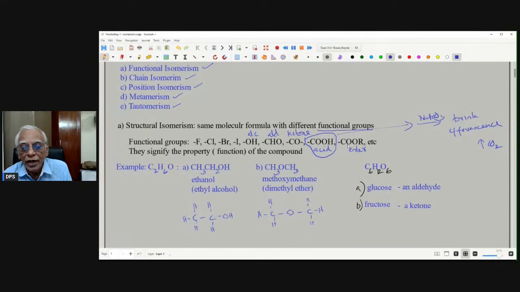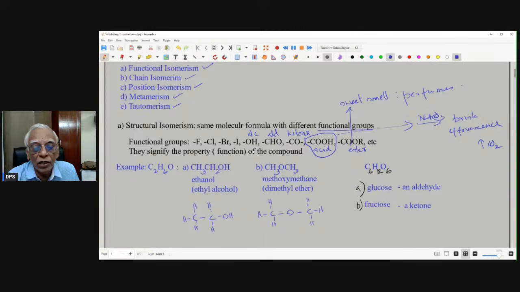For example, any organic compound containing an ester group will be sweet smelling. Therefore, they are used in the synthesis of perfumes. All perfumery compounds contain esters; it's a characteristic property.